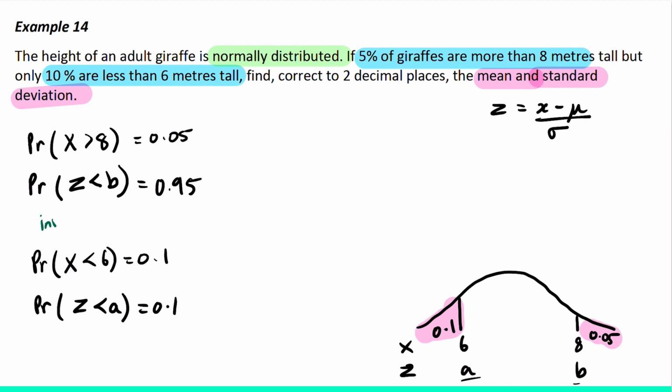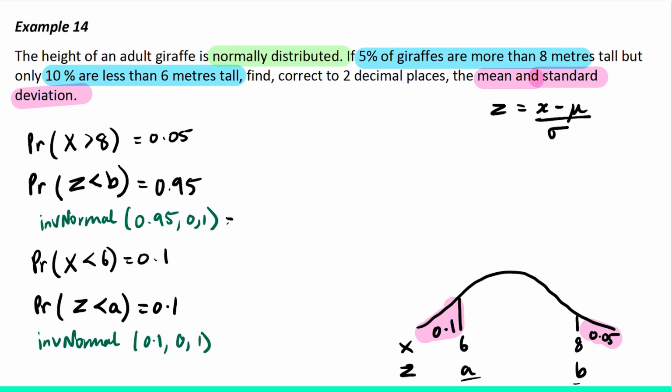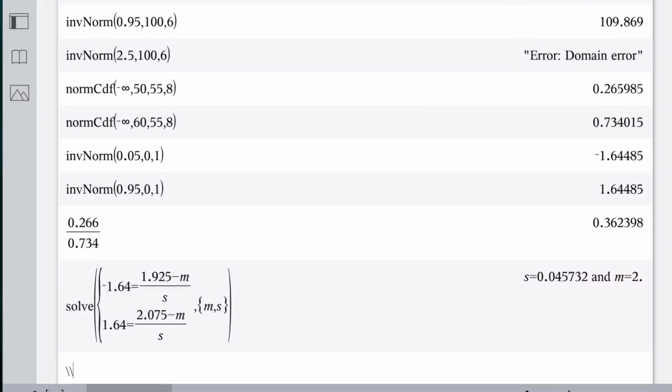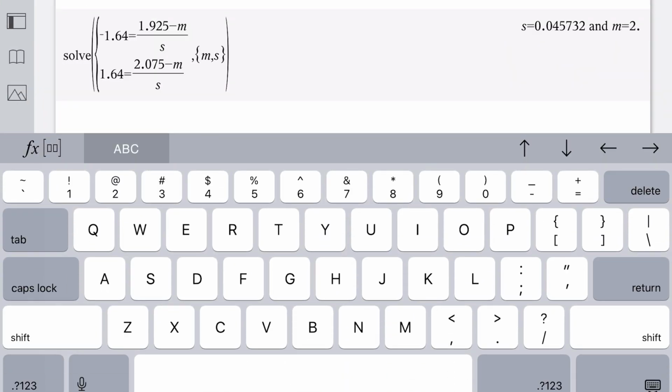All right, inverse normal. Into your calculator will go inverse normal, the area, the mean, the standard deviation, and same thing here. Now I have not pre-prepared this one, so I will have to type that into my calculator. You do the same. All right, so inverse normal.